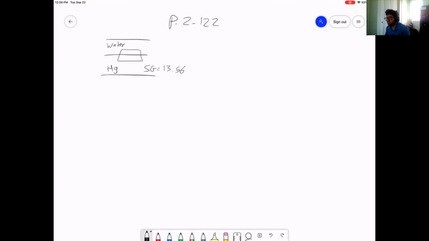How would you approach this problem? It's telling you it will float, and that means what? It will float at an interface.